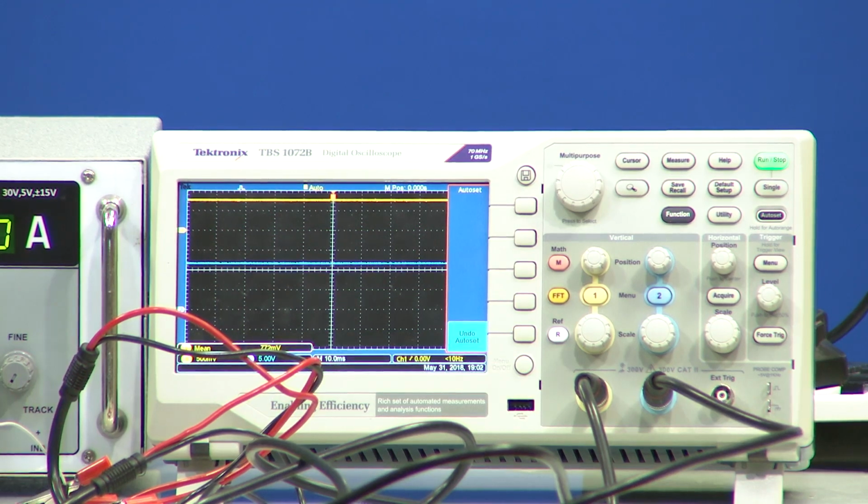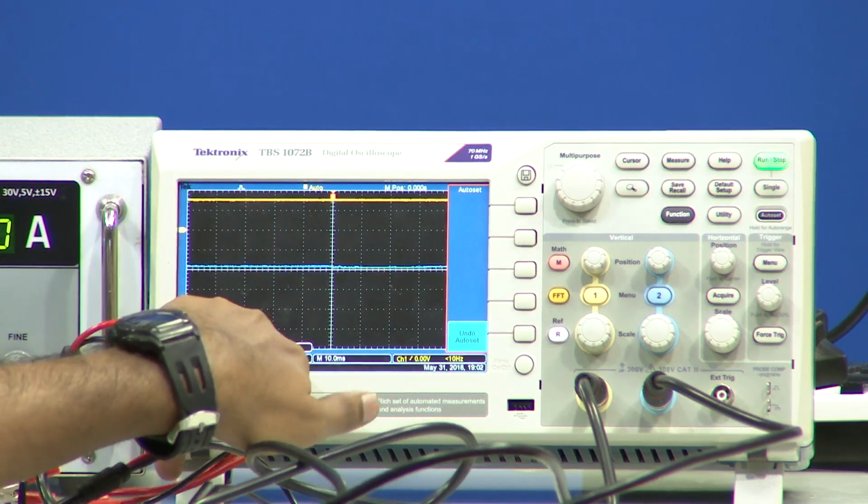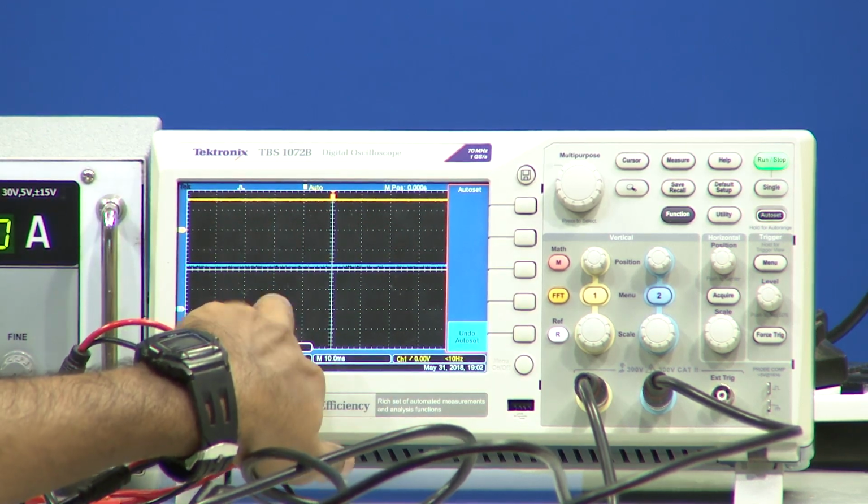We can even see. Here, when we see the signal, the blue color indicates our output. The scale is 1 box equal to 5 volts.